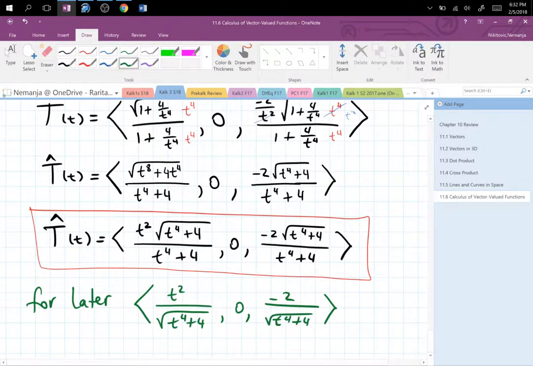I believe this is 11.9 or 11.8, something like that. Next week, right? So next week, you are going to take T prime and divide it by the magnitude of T prime. And you clearly don't want any of the crazy expressions there, because you still have work to do with it.